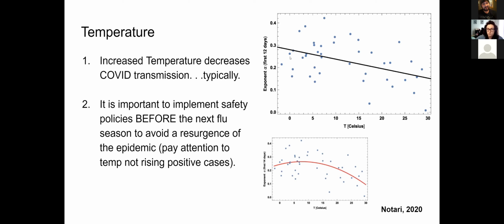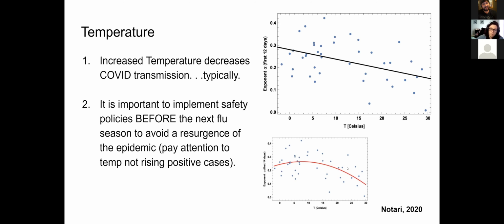You see all this variance in the scatter plot, it's all over the place, but this line of best fit is clearly going down. So this alpha exponent, this measure of infectivity, with a linear line of best fit, shows that as the temperature gets colder, the virus spreads better.